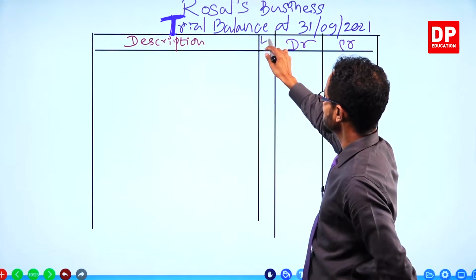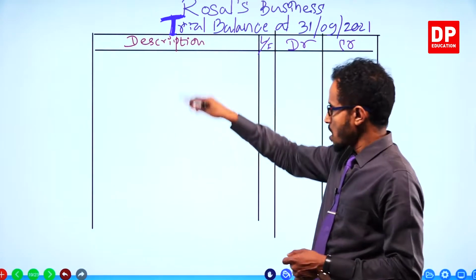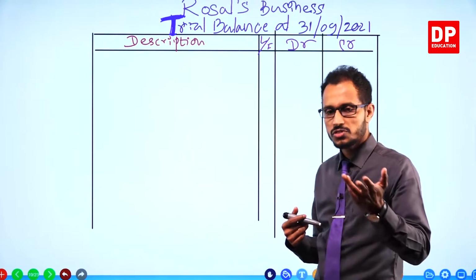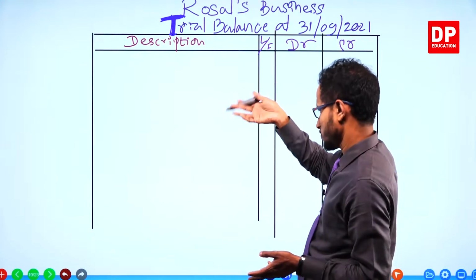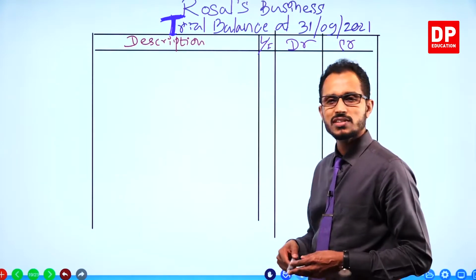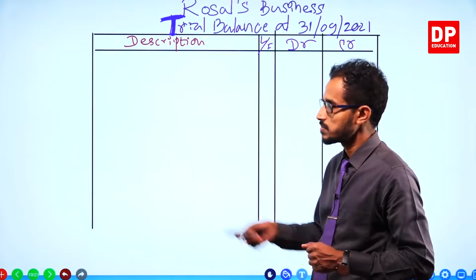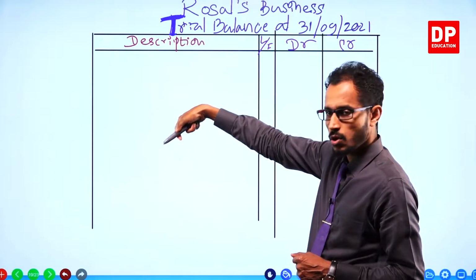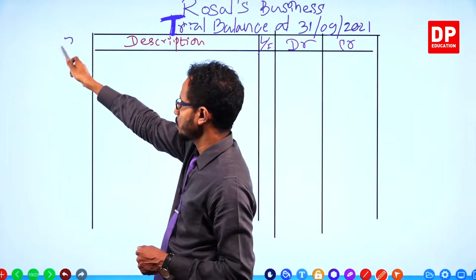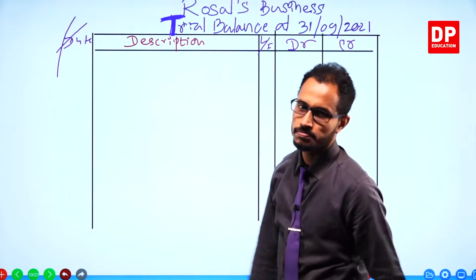Right, this is ledger folio. Perfect. Sometimes children, when they draw the trial balance, draw a date column. No, there is no date column in the trial balance. Do not draw a date column.